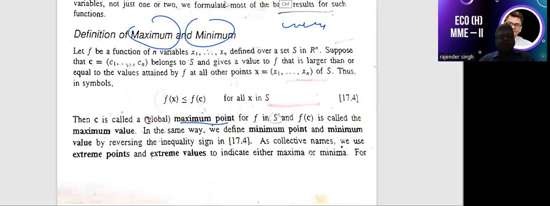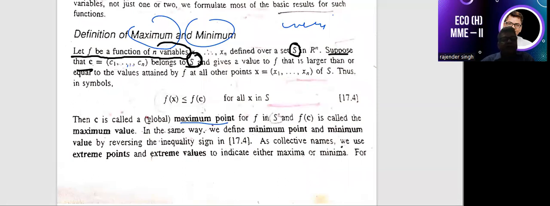Now the definition of maximum and minimum, right? So in your book, you can see, let f be a function of n variables, whose domain is set S. So that means each of the members of the set S has n entries. Suppose that C belongs to set S. What does that mean?